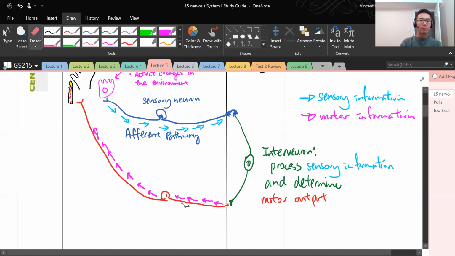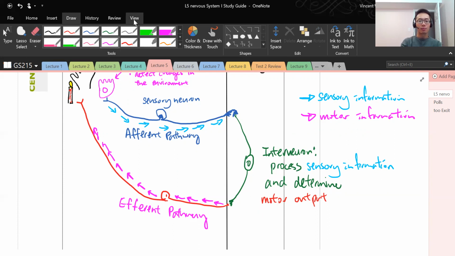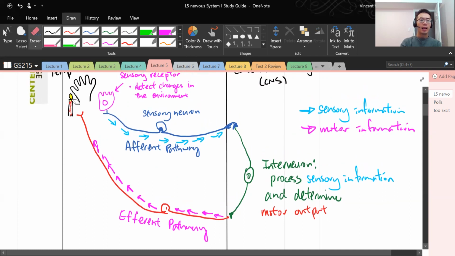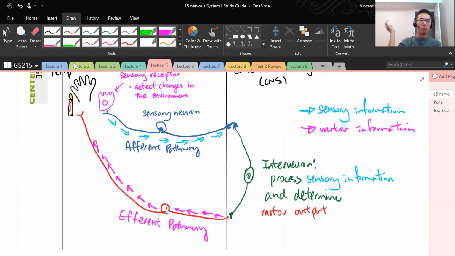Okay. And this path is called the efferent. Some people pronounce it efferent. It's the same thing. So the efferent pathway will take the information from the CNS back out to the PNS. And then the hand is going to move away.